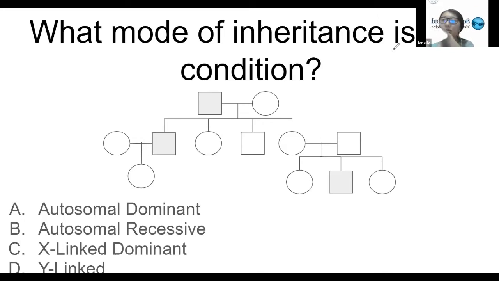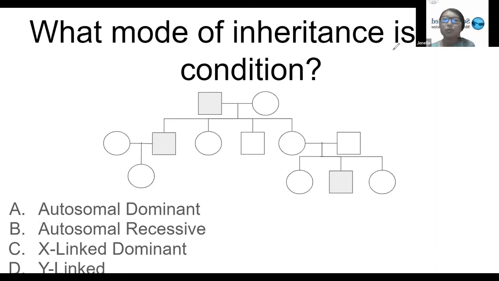So all of the ones coming from this joined center line here are all their children. And this square here and this circle here on the left and the right are both unrelated individuals that also mated with this child to produce this other offspring.